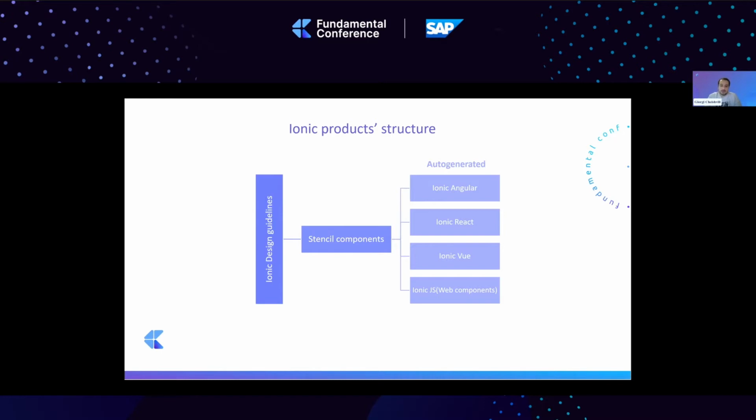It automatically generates the framework-specific code. If you write a Stencil component, it will first go to the web component, and then their automagic compiler will also create a wrapper for certain frameworks. And that's the key point here. Those are wrappers.